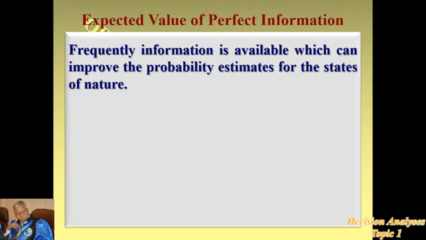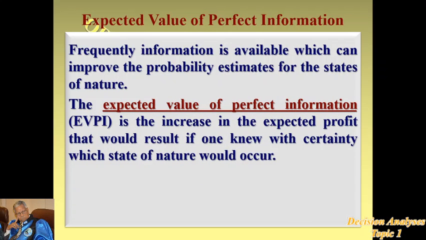Frequently, information is available which can improve the probability estimate for the state of nature. The expected value of perfect information is the increase in the expected profit that would result if one knew with certainty which state of nature will happen.